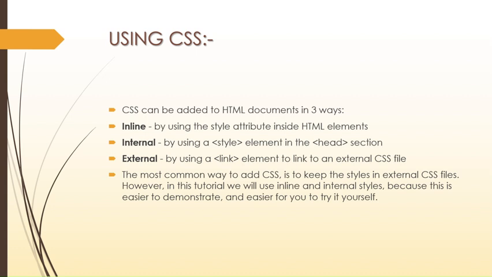Internal is by using a style element in the head section or after the head section. External is by using a link element to link to an external CSS file. The most common way to add CSS is to keep the style in an external CSS file.